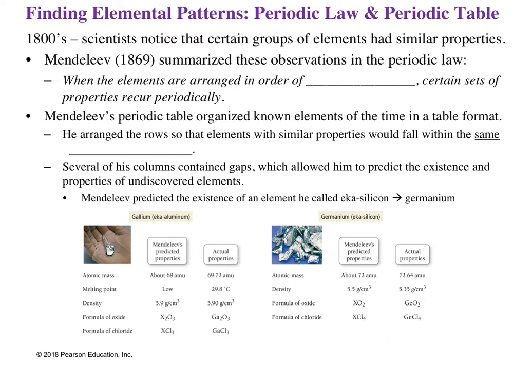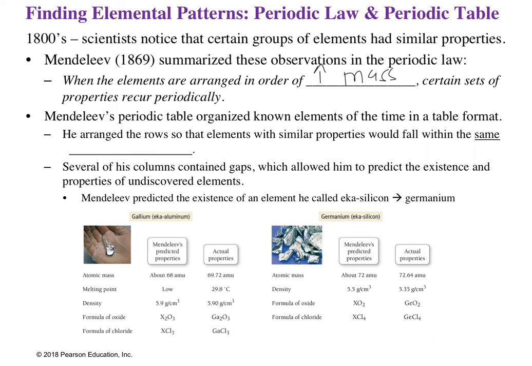As scientists were studying more, they were trying to figure out how they should group the elements that had similar properties. So Mendeleev in 1869 started to consider arranging an order of increasing mass. Let's put increasing mass. And as he did that, he noticed that there were sets that had similar properties.